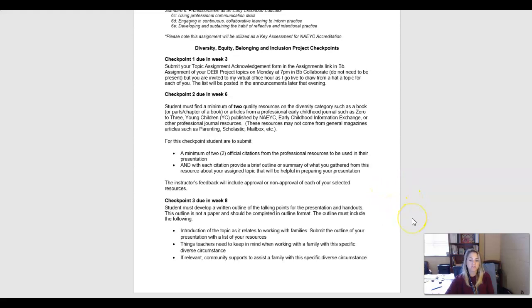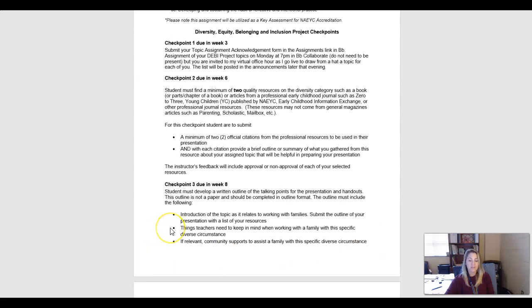So you want to develop a written outline with the talking points for your presentation and handouts that you're creating for this project. So there are some requirements for the outline. The outline needs to, at a minimum, include an introduction to the topic, things teachers need to know or keep in mind when working with families with a specific diverse circumstance.